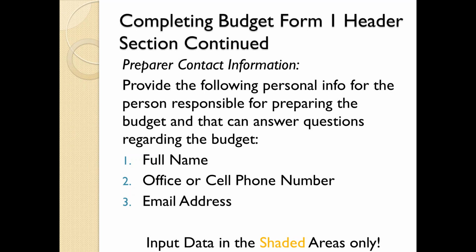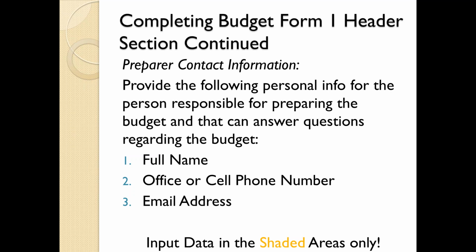What we don't want is a person who has no idea of how this budget was prepared listed as the contact. We don't want to have to call A so that A can go and get B so that B can answer our questions. What we'd like is for B to be listed as the contact.